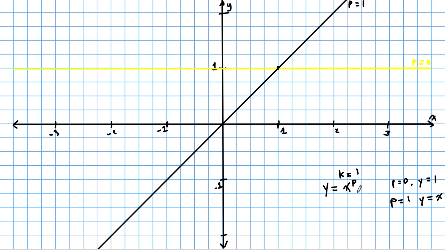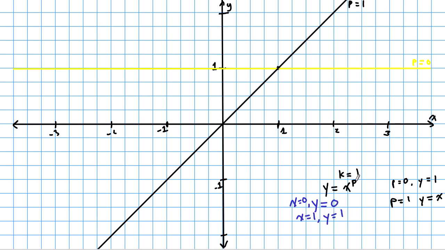In fact, if we think about the power functions for a minute, let's think about the power functions when k is 1. If we put in 0 for an input, we're going to get out 0 for an output. So if x is 0, y is 0. And if we put in 1, we're going to get 1 to the p.